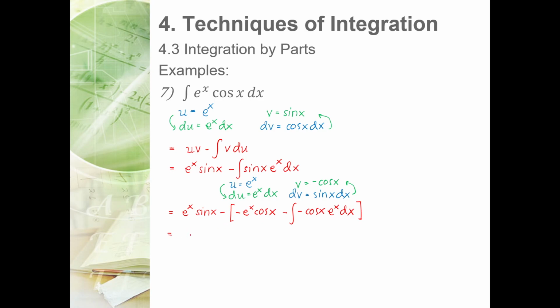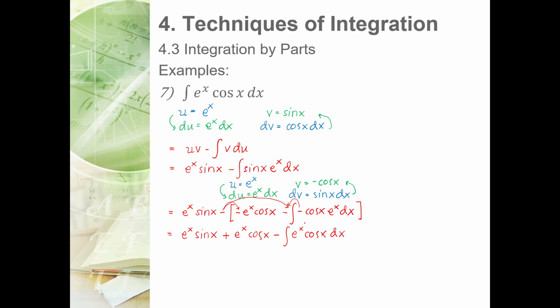Expanding, we have e raised to x sine x. Minus minus, that will be plus e to the power of x cosine x. Then we have a minus sign here, so minus the integral of e to the power of x cosine x dx.